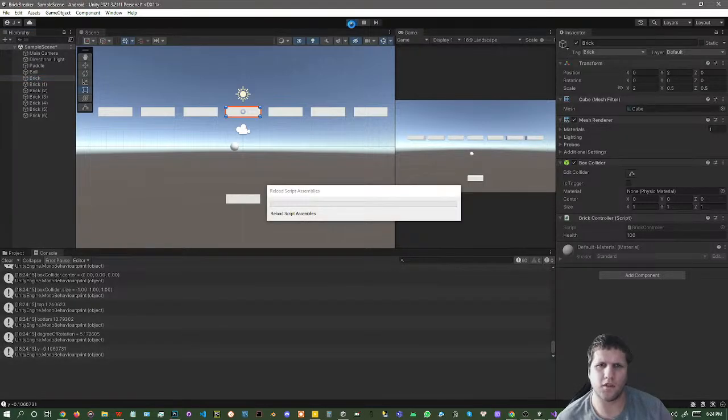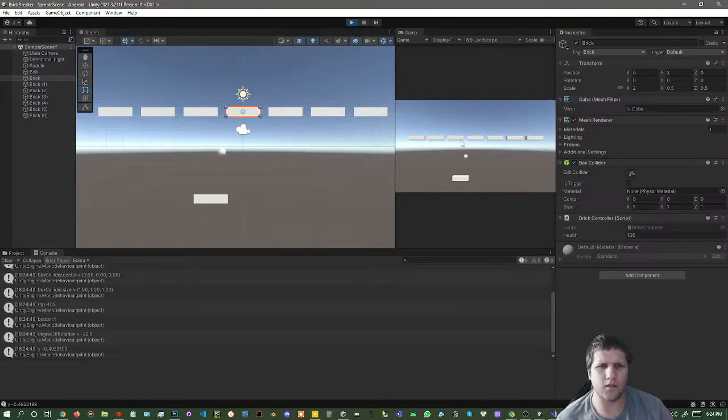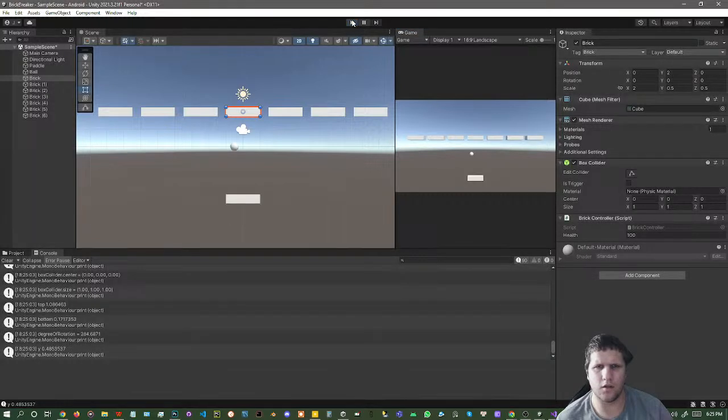Let's keep trying to find out what that is. It's not moving at nearly the degree it should be. Oh yeah, it just touched it and went in the opposite direction.